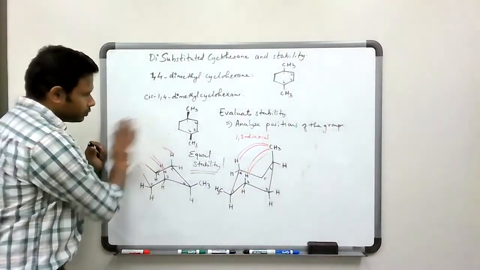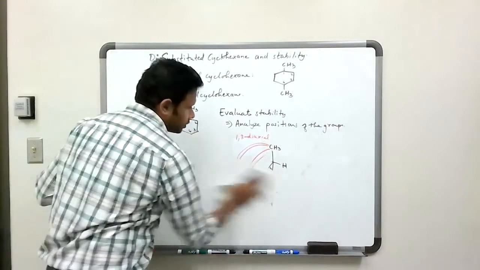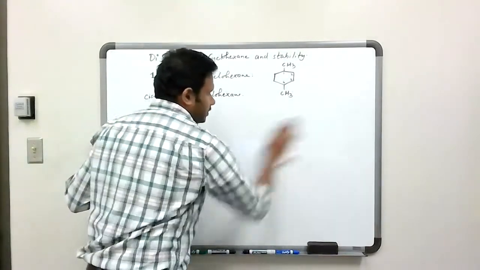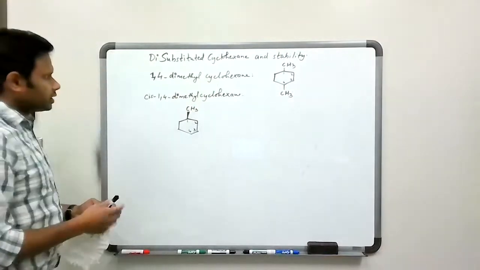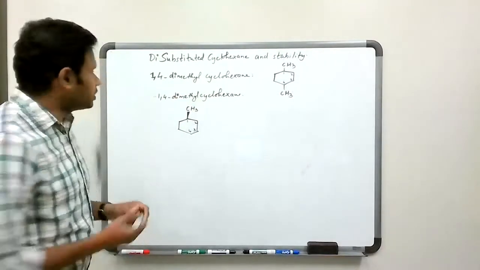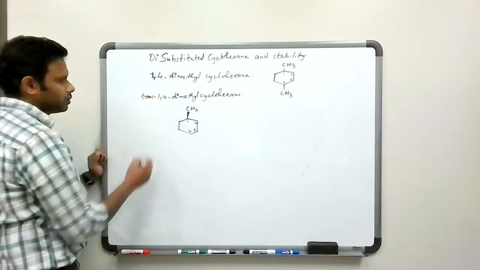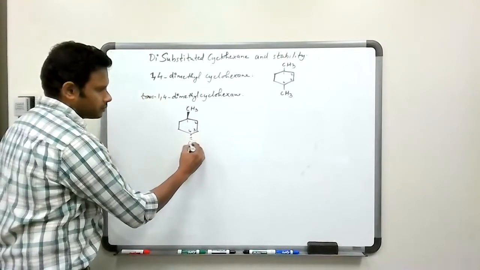Next, we will work with the trans 1,4-dimethyl cyclohexane. Let's try to see what can be learned over there. So now we're doing trans 1,4-dimethyl cyclohexane.